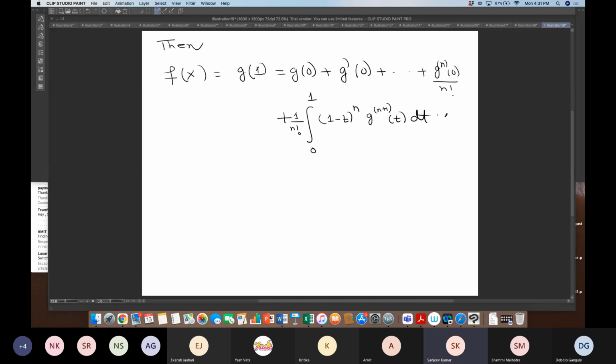If you don't know, you just search on Google and check Wikipedia. This is called the integral remainder term. So this is the form.